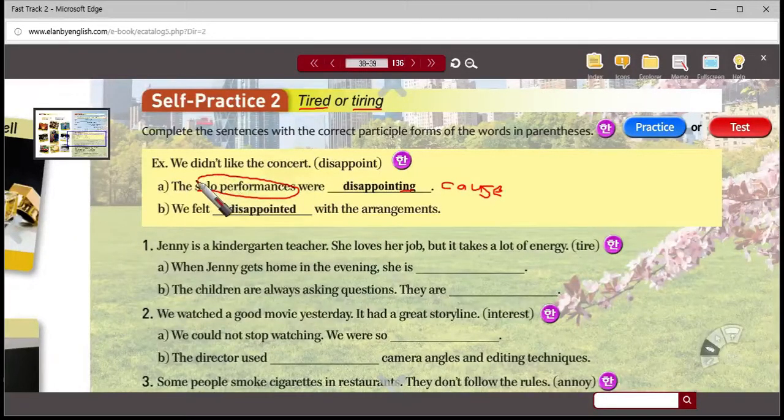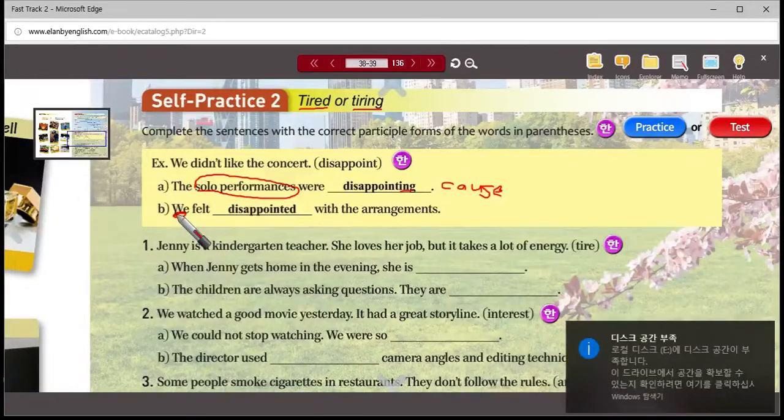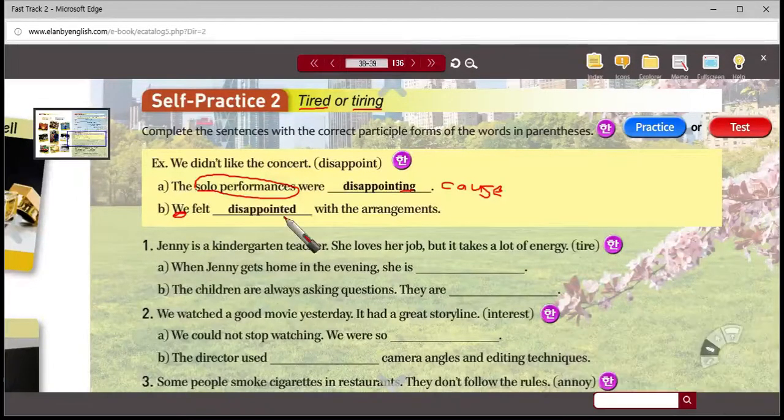Okay, the effect is on us, we, the people who are watching or experiencing the solo performances, feel disappointed. So the cause, what starts the disappointment, the solo performances. Okay, the reaction is we, or us.